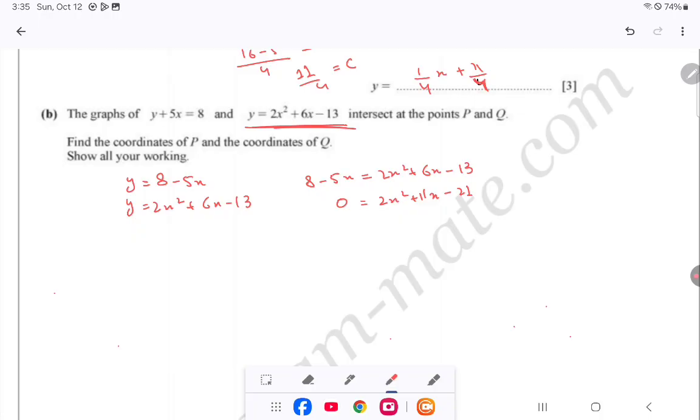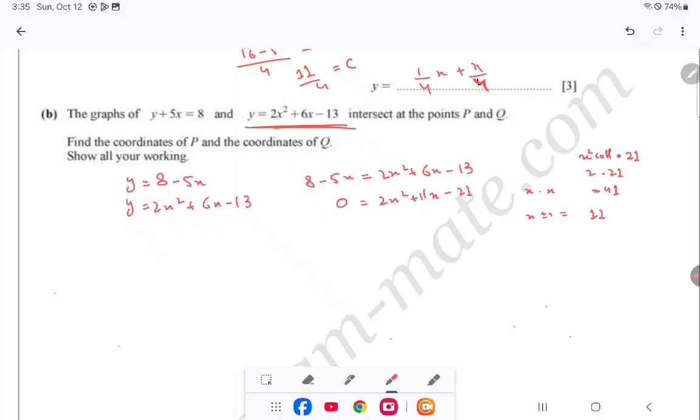Now what we're going to do, we apply the middle term break formula. For that, multiply the coefficient of x square with the c, which is 21. 2 into 21 is 42. So by multiplying two numbers, the two values should give 42, and by adding or subtracting, they should give the linear coefficient of x, which is 11.